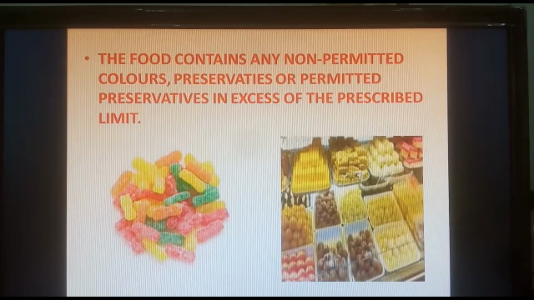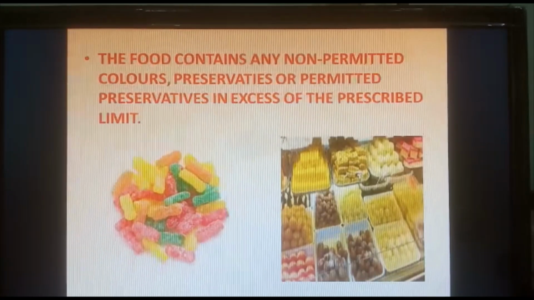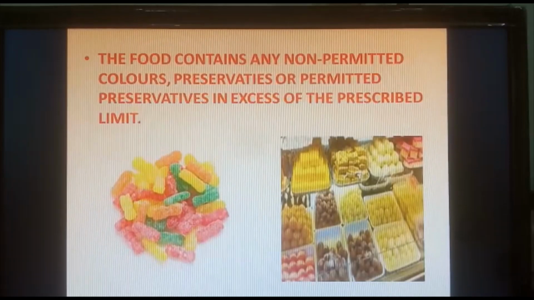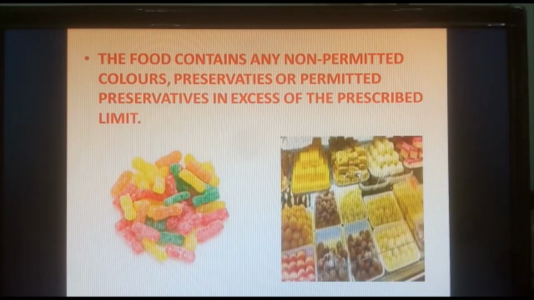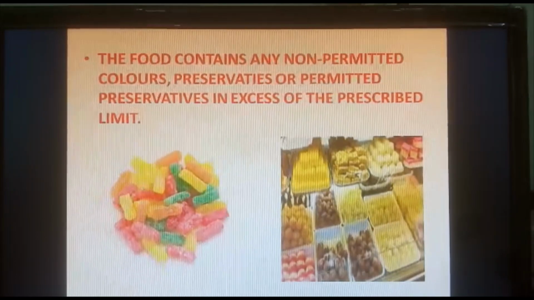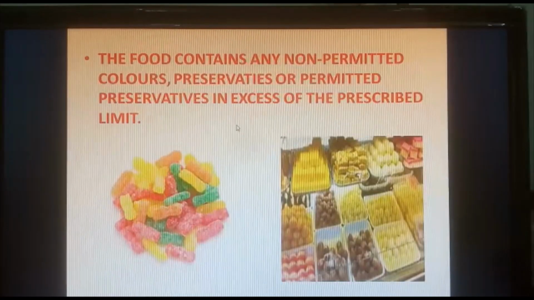Then some preservatives which are toxic for health. We know preservatives are used for what purpose? To preserve the food, to keep the food safe for a longer period. Then permitted preservatives in excess of the prescribed limit.